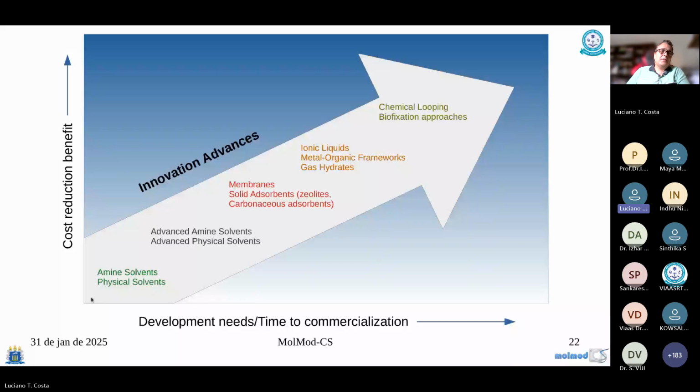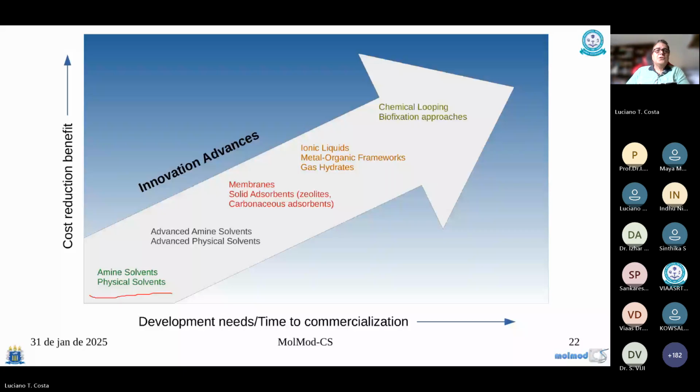Of course, this type of technology has a small cost in terms of money that you can spend, and these technologies are also quite well developed and introduced in industry, so we need little time to implement and use them. The problem with that technology is that amine solvent is volatile and can produce a lot of problems in the environment, and also in the industrial equipment because it's quite corrosive.